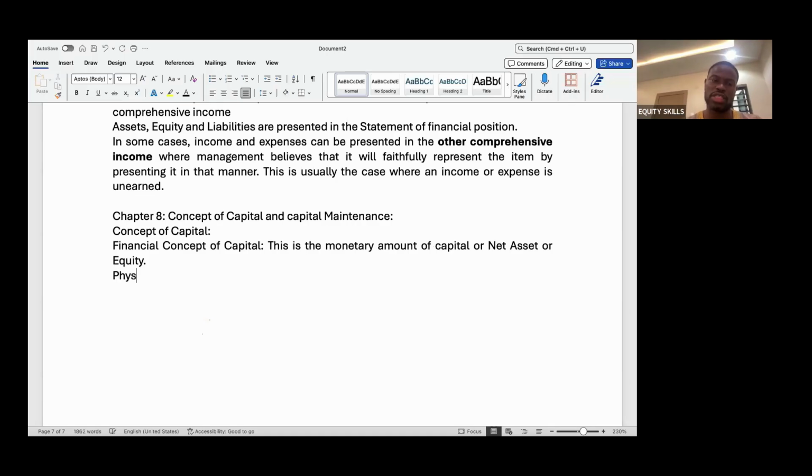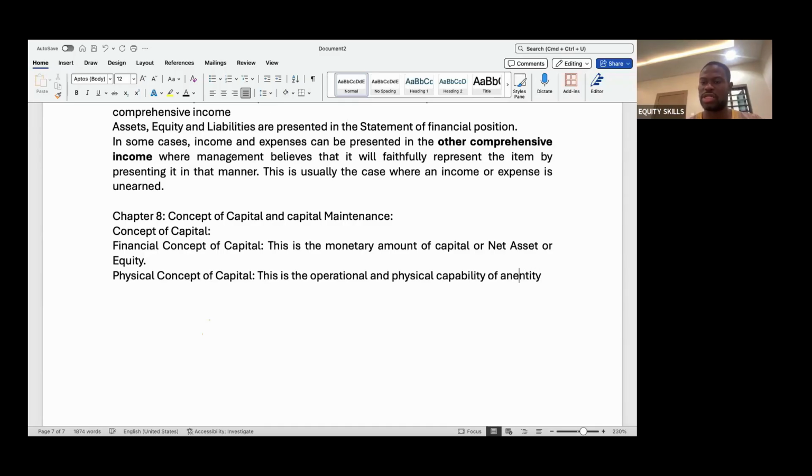But there is another concept of capital which is unused, but it exists. So this is capital as the operational and physical capability or capacity of an entity.